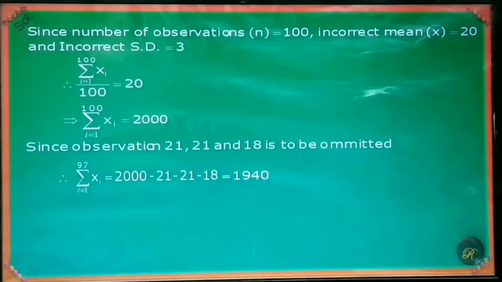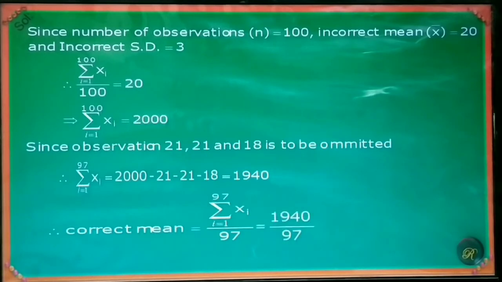Therefore, correct mean is equal to sum of 97 observations divided by 97, is equal to 1940 divided by 97. Try to divide. That is 20.